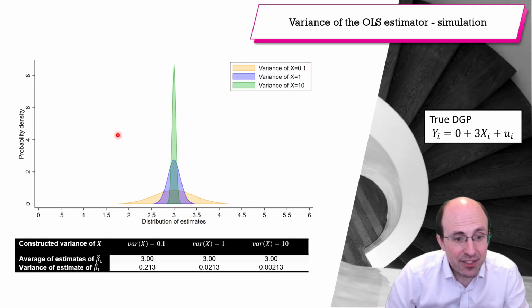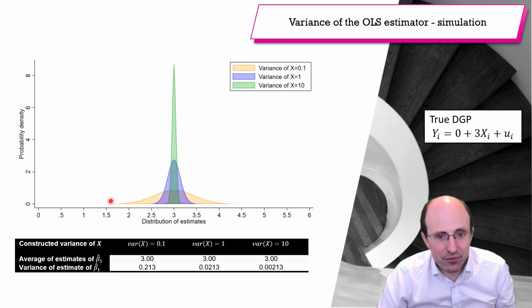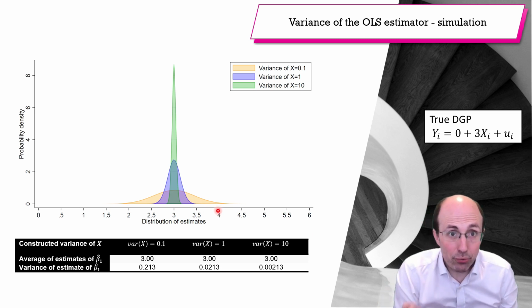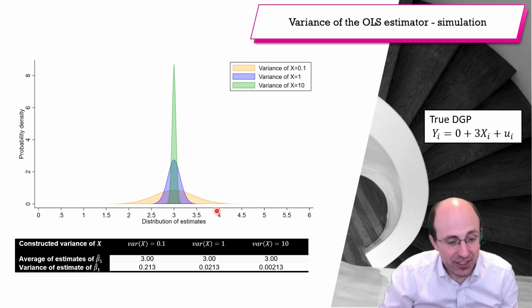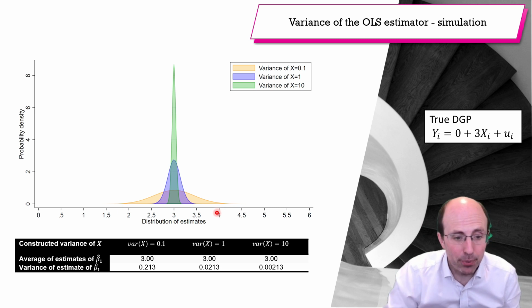We can illustrate this again using simulations. When we have a relatively small variance, when the variance of the x was 0.1, there's a very wide spread of estimates that you get of your beta 1 hat. On average, it's still 3. The true beta 1 is 3. The average of our estimates is 3. But there's a lot of variability across samples.